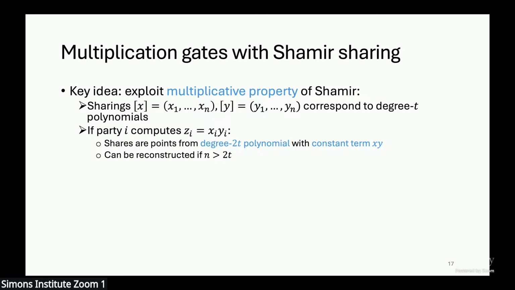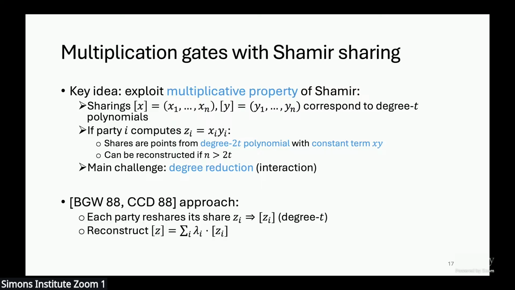So this is almost getting us to what we want, but we have this problem that if we evaluate a circuit and do this at every multiplication gate, at some point this degree is going to blow up and we're not going to have enough points to be able to reconstruct the secret anymore and everything's lost. So we need to add some kind of degree reduction step.